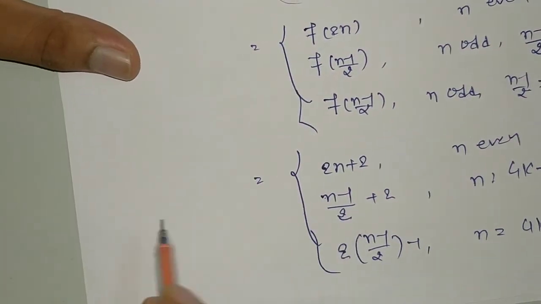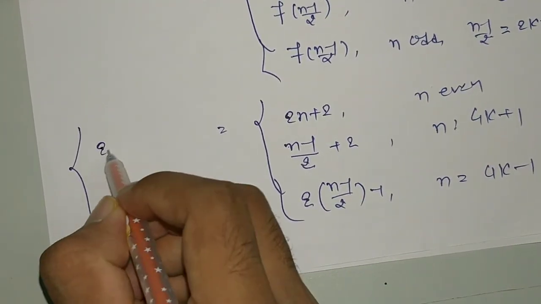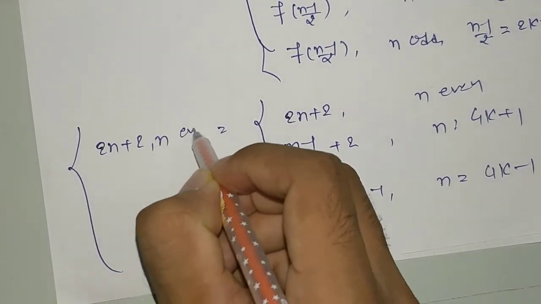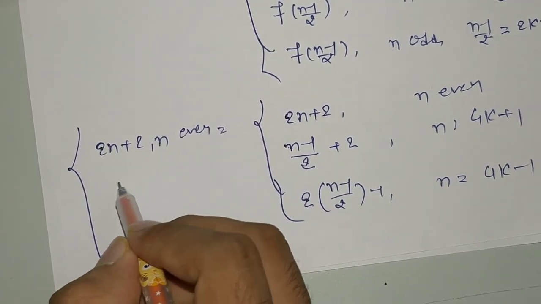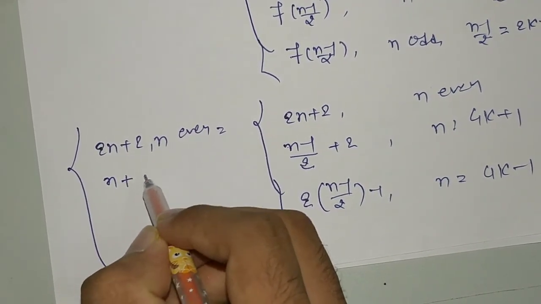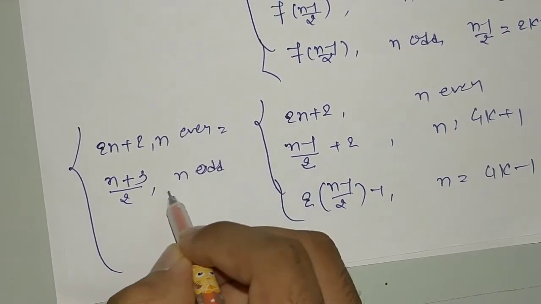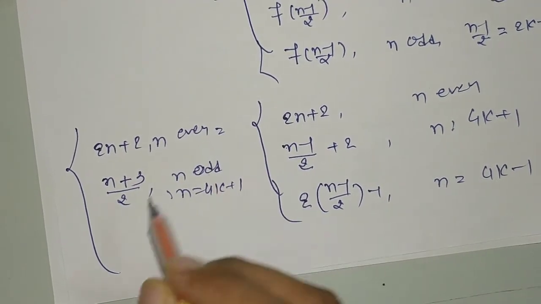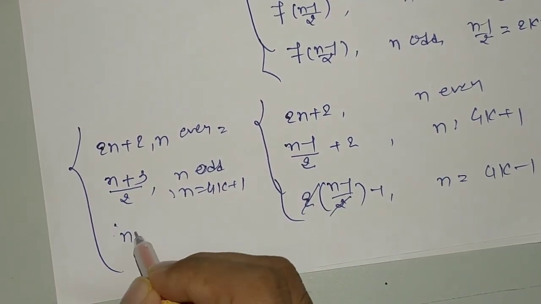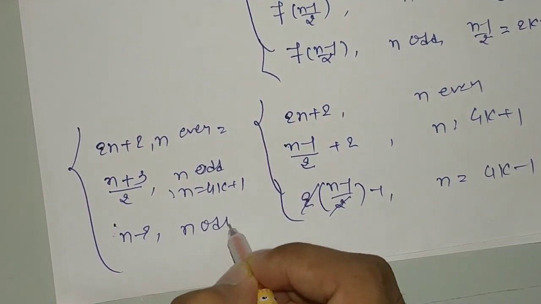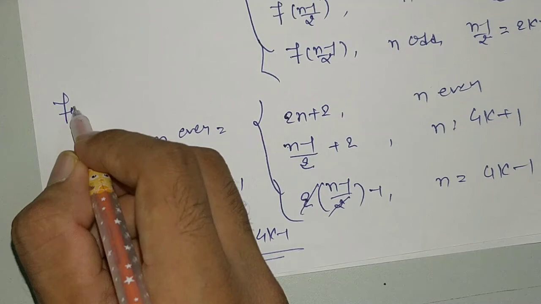Okay, so f of g will be 2n plus 2, n even. If you simplify, you will get n plus 3 by 2 when n is odd of the type n equals 4k plus 1, and this 2 gets cancelled, we'll get n minus 2, n is odd of the type n equals 4k minus 1. So this is the f of g function.